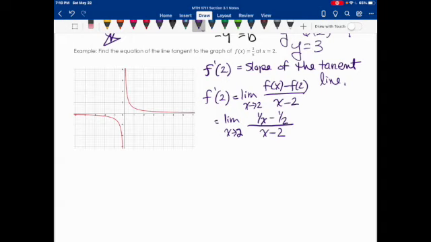Now I can't do direct substitution here and use limit laws at this point because I would have 0 in the denominator. So I have to use one of our algebraic techniques to rearrange this so that I can do direct substitution and use limit laws. What I'm going to do is clear the complex fraction by multiplying both the top and the bottom by 2x.